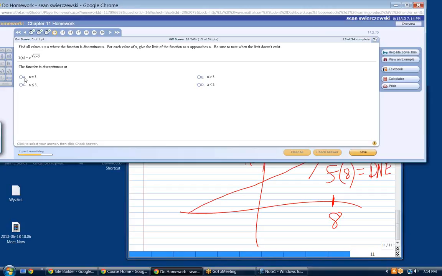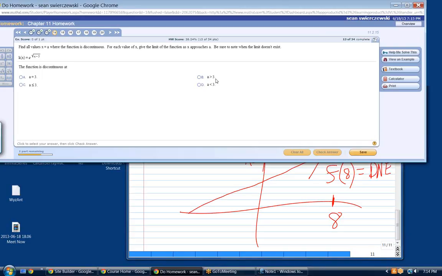So it's not discontinuous there. But notice that whatever's inside the radical has to be positive. It's got to be D then, right? Yeah, that's where x is less than 3.